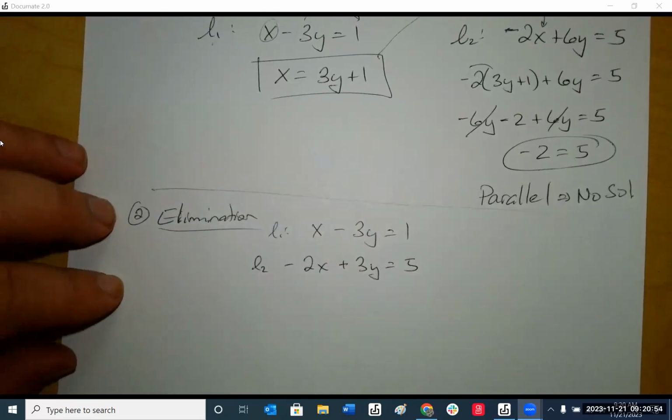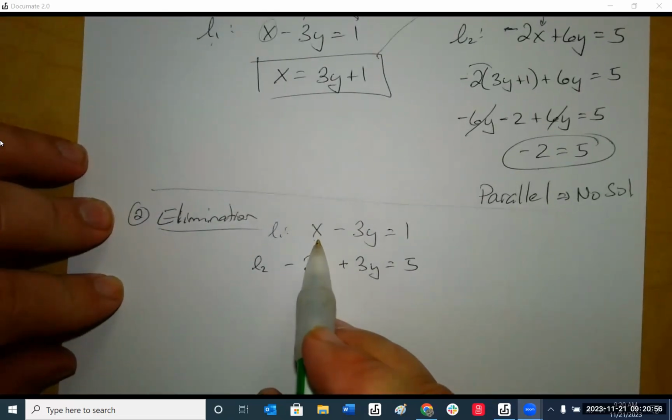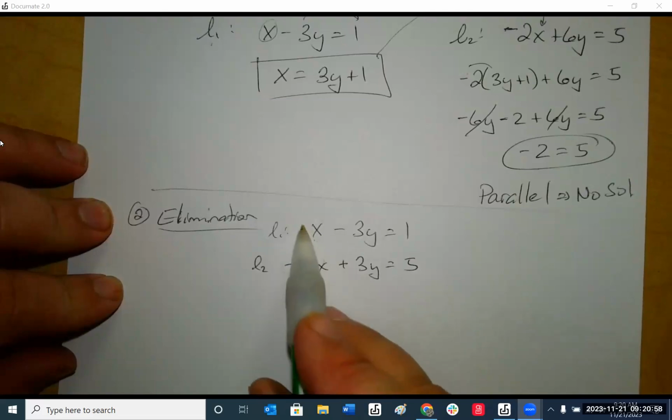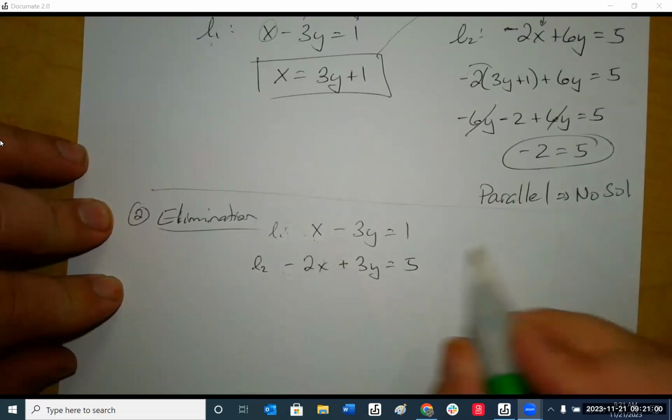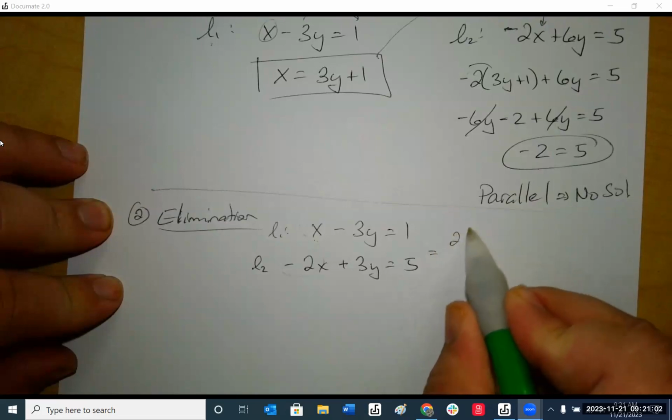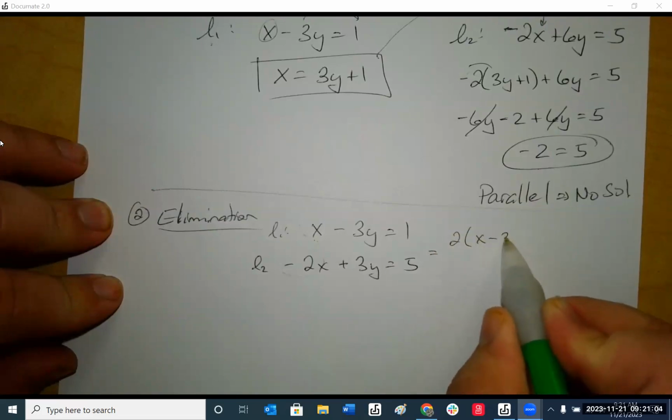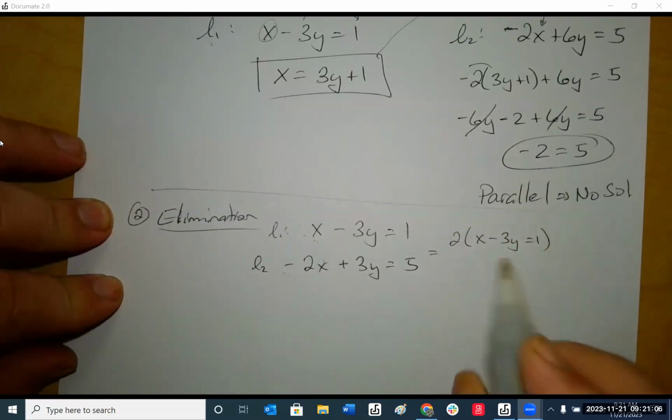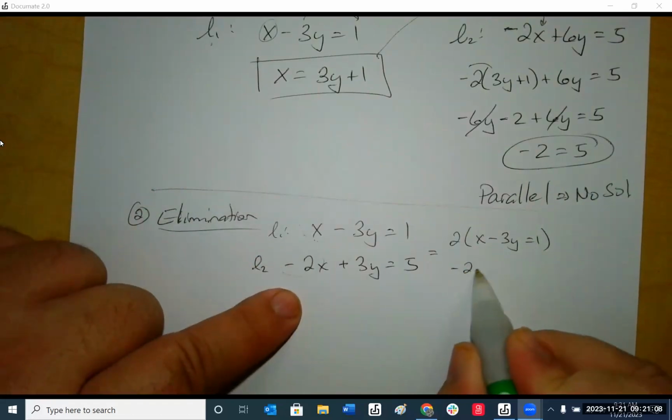I choose a variable. I'll choose x. So I have to have the same number but different signs. So this one needs to be multiplied by 2. And I'll leave that one already since it's -2.